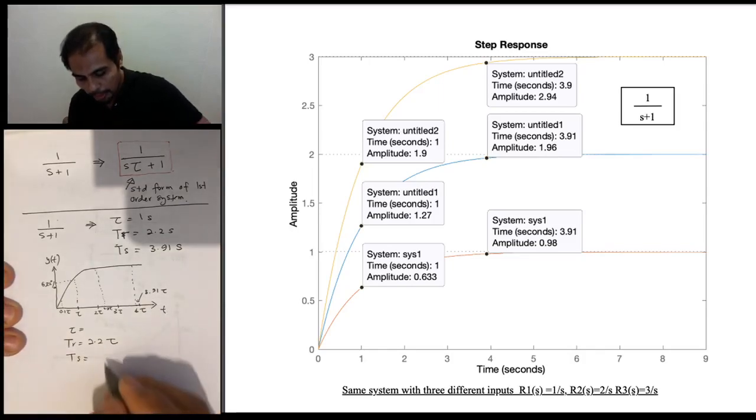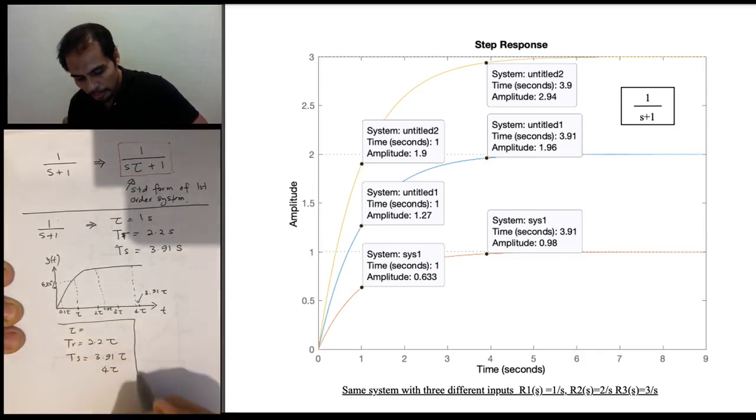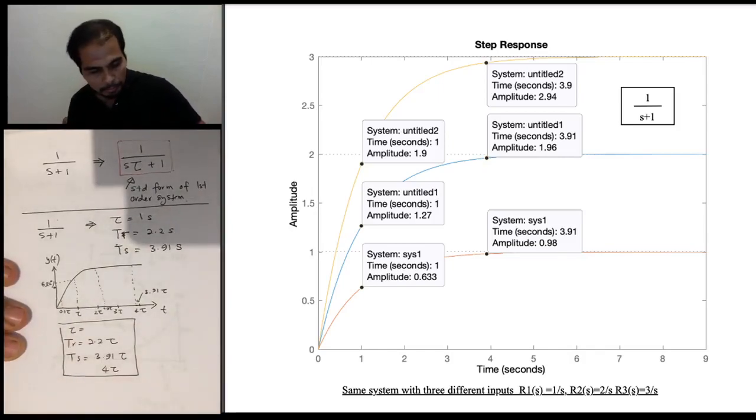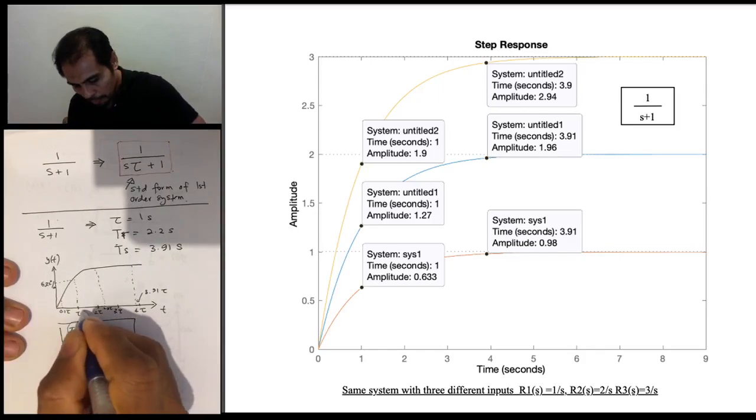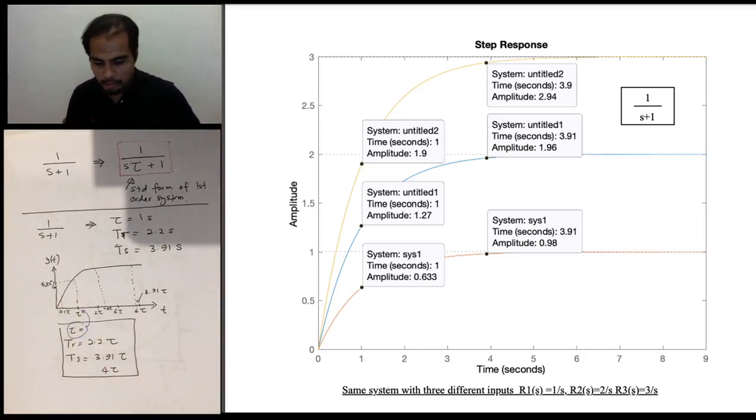So we can use 3.91 tau as the settling time, or we can simply use 4 tau. This is the formula that we have. Next time, when we have a different transfer function, we can simply calculate these regardless of any inputs. Very important: we don't have to convert into the time domain as we did before.